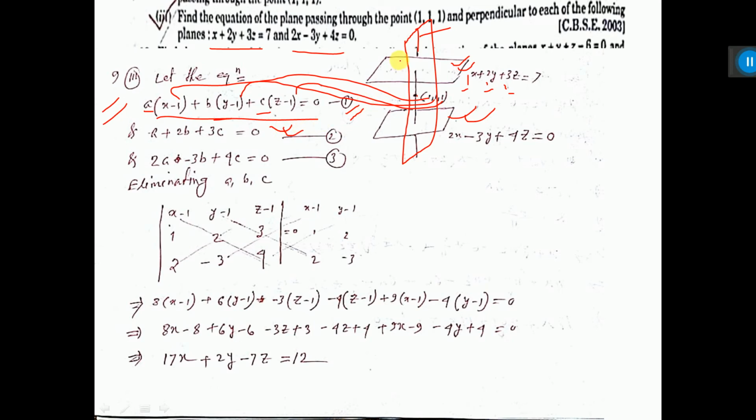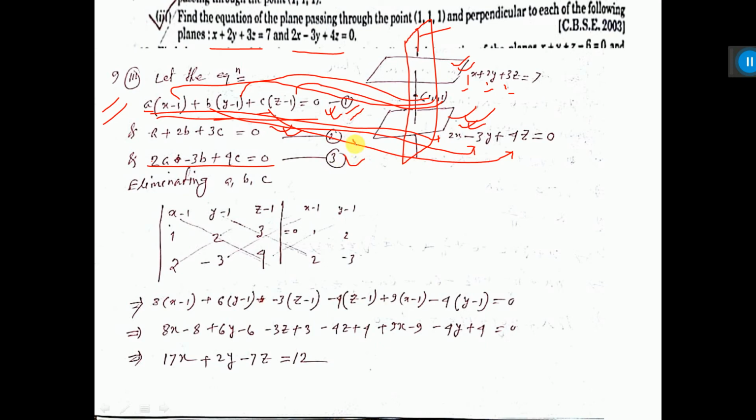Since perpendicular, this is the condition of perpendicularity. This one is perpendicular to this plane also, so A into 2 plus B into minus 3 plus C into 4, that also will be 0. See here I have written that one.